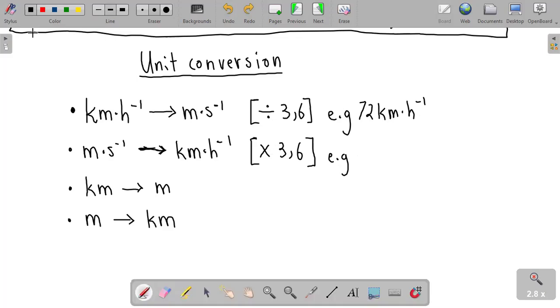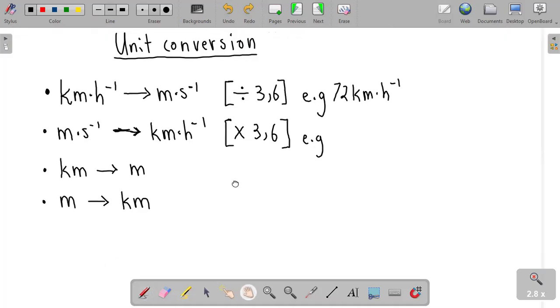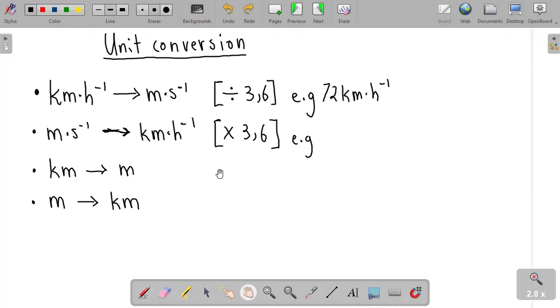It means 72 kilometers per hour will be equal to 72 divided by 3.6, which is 20 meters per second.